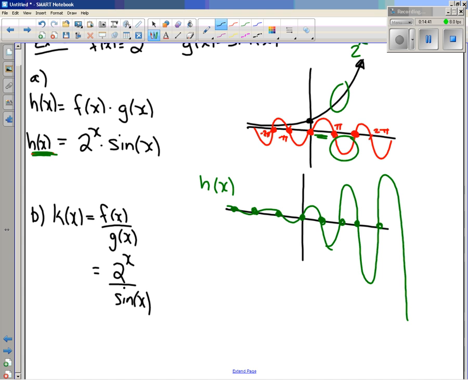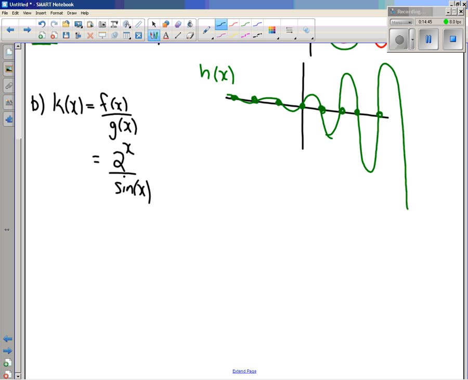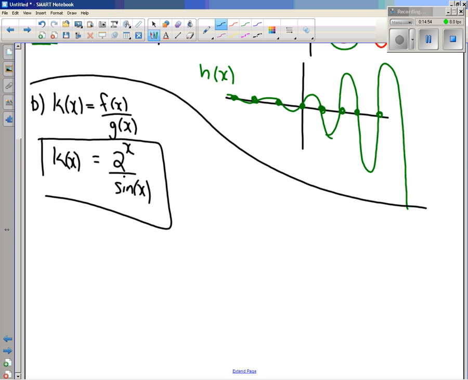Okay. So if we're looking at getting a graph of this one, 2 to the power x divided by sine x, what do we know off the start? What's going to give us trouble with this one?